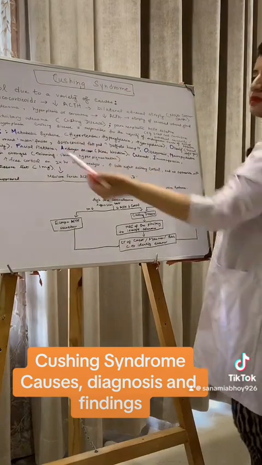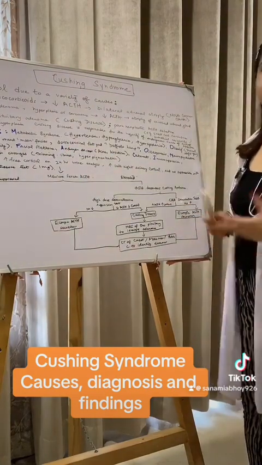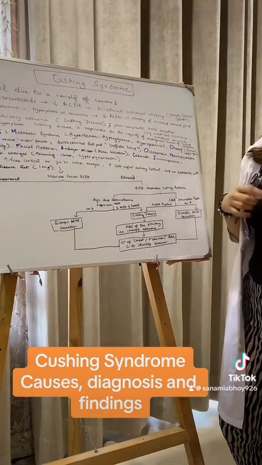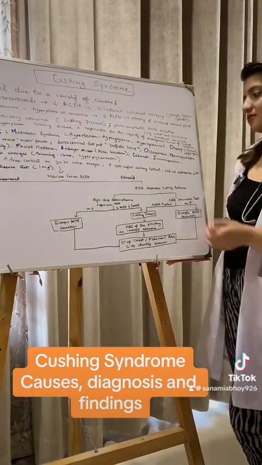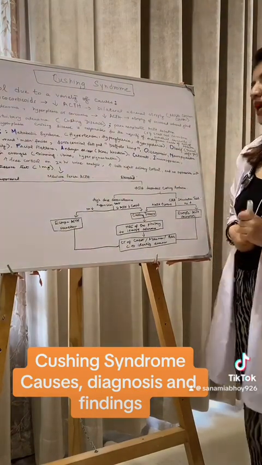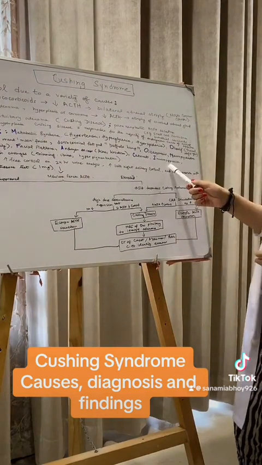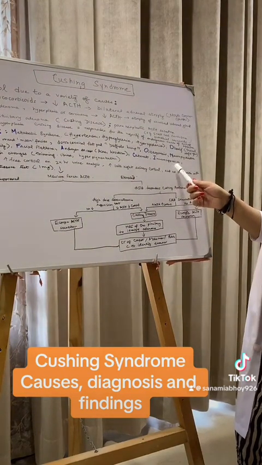Then we have facial plethora, and we have androgen excess. Of course, cortisol is increased, and you will have acne and hirsutism. Then again, we will have cataracts in your eyes, you can have immunosuppression, your immune system will go down, and that will greatly affect your ability to do your physical activities.